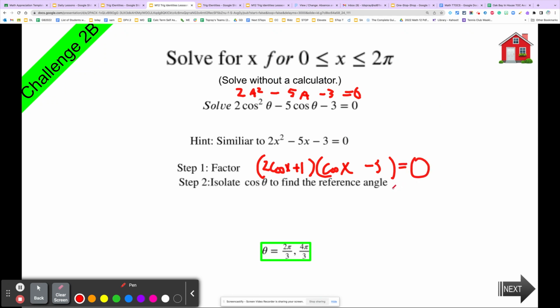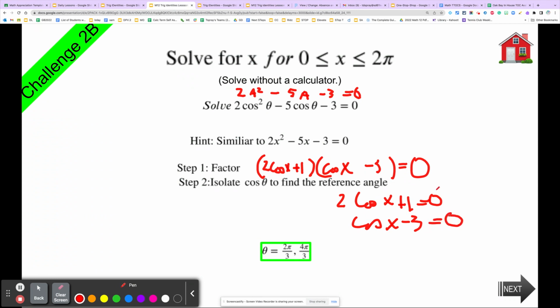Alrighty, so then we're going to isolate, and we've got two possibilities here. Either 2 cos x plus 1 equals 0, or cos x minus 3 equals 0.